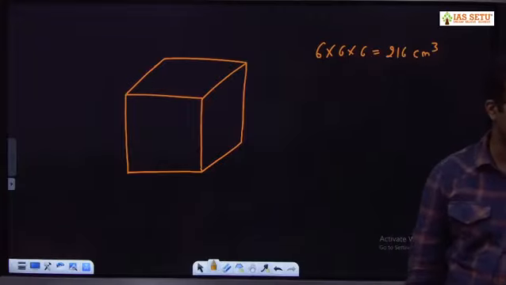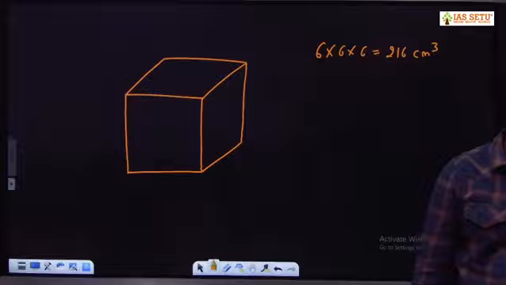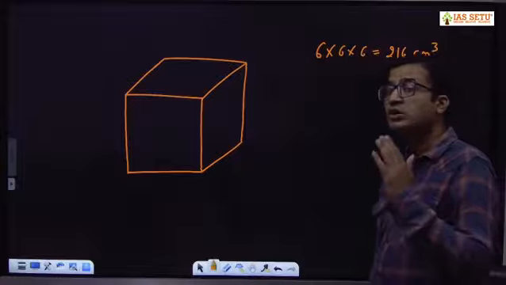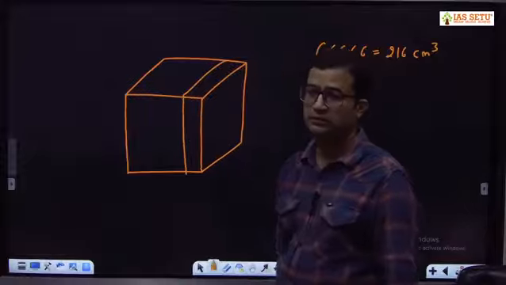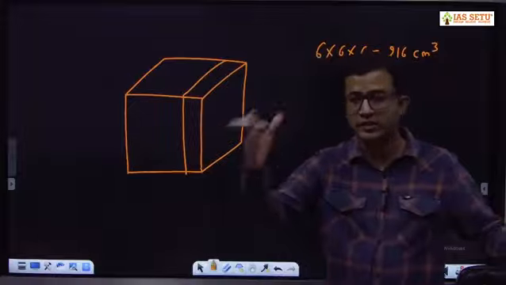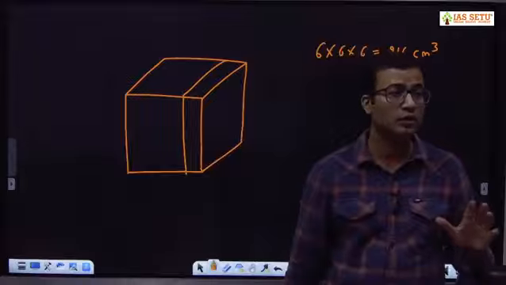Some students make a mistake, they remove a 1 centimeter layer. Like you have a brick of ice cream, you remove layer by layer. No, then the question would be different.